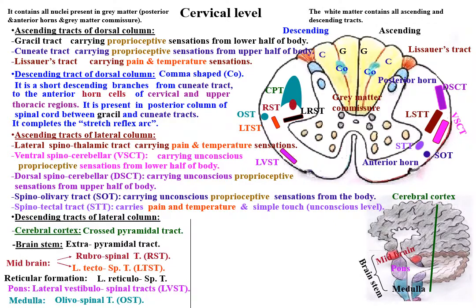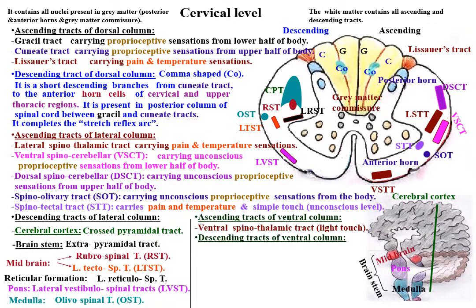Ascending tracts of the ventral column, ventral spinothalamic tract carrying the simple touch. Descending tracts of the ventral column are those coming from the cerebral cortex, direct pyramidal tract. Those coming from the brain stem, extrapyramidal tracts.